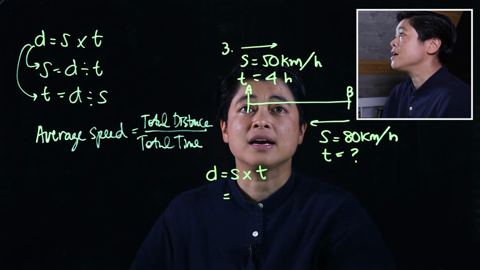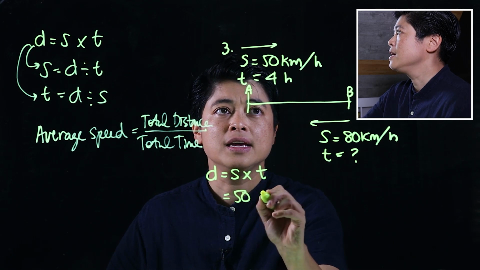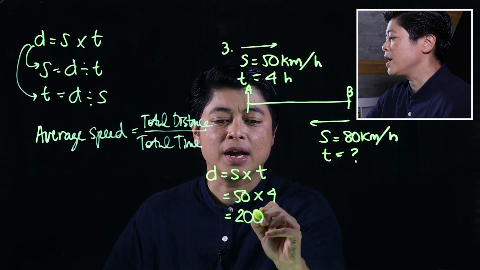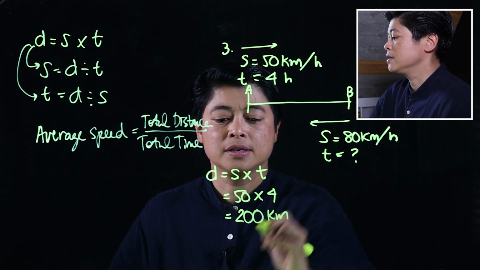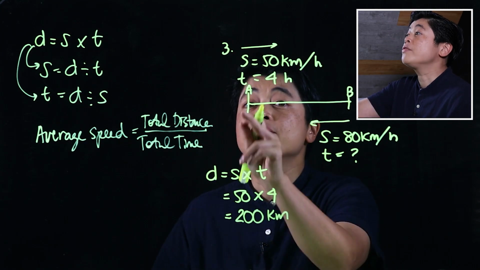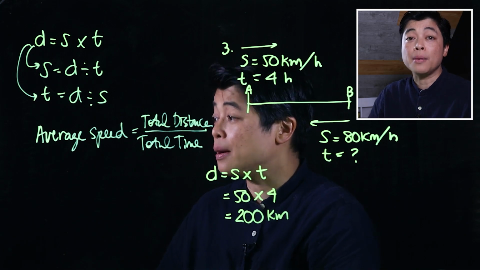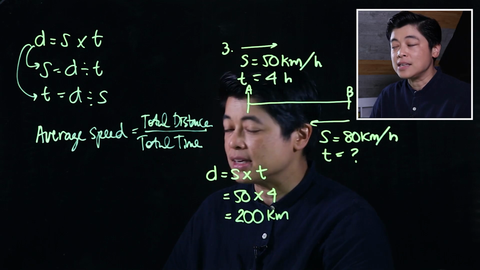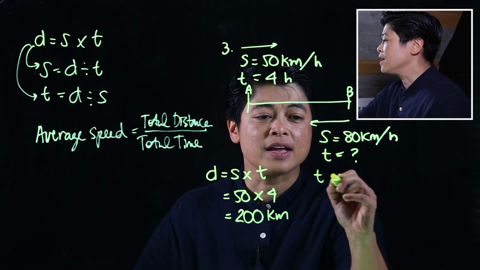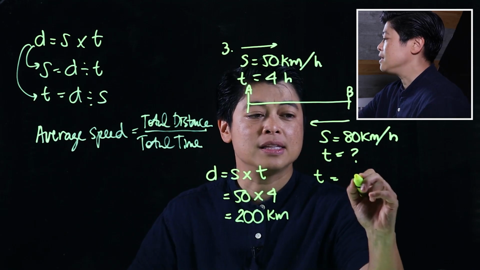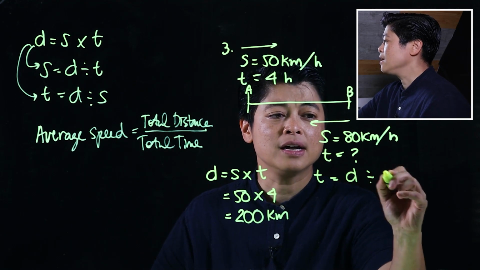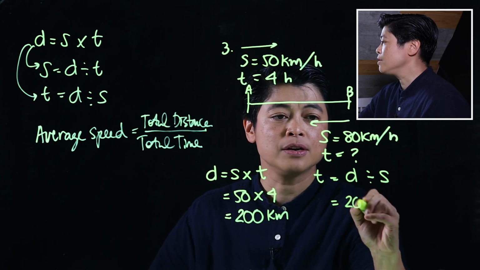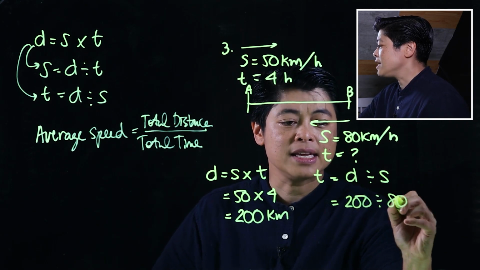Here that's 50 times 4, which gives us 200 kilometers. So the trip from A to B is 200 kilometers, which means returning from B to A it's also the same distance. To find the time, that would be the distance divided by the speed, which is 200 divided by 80.